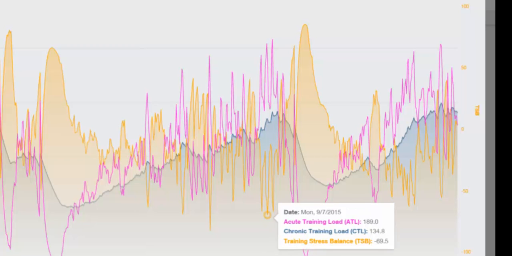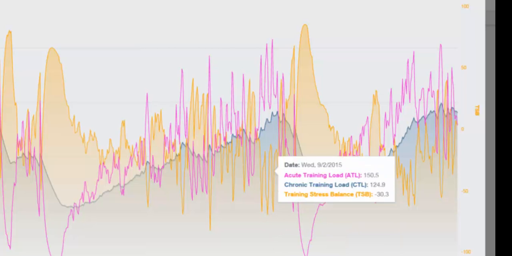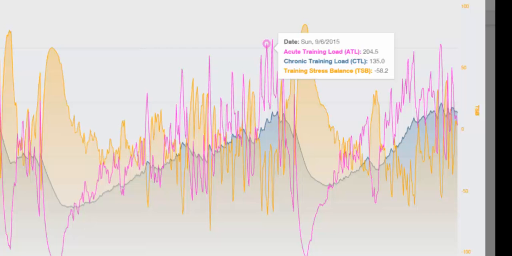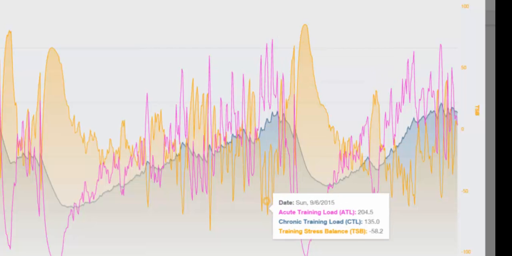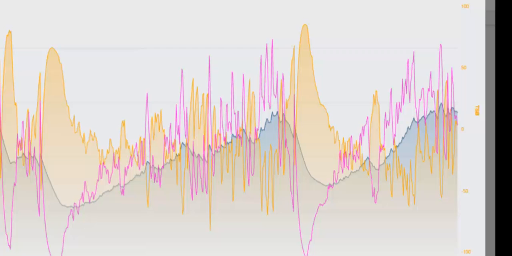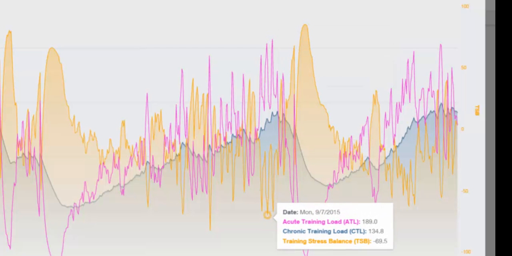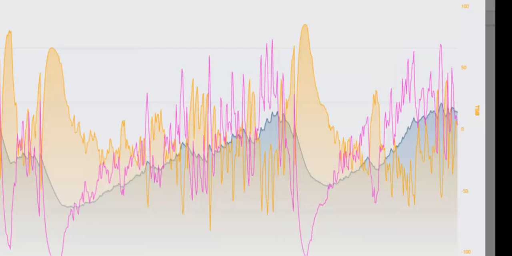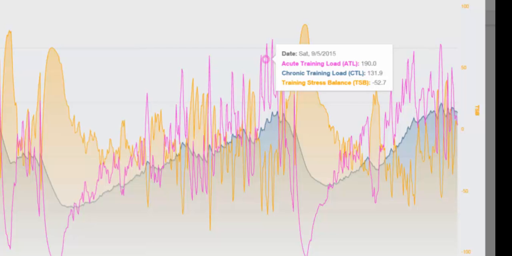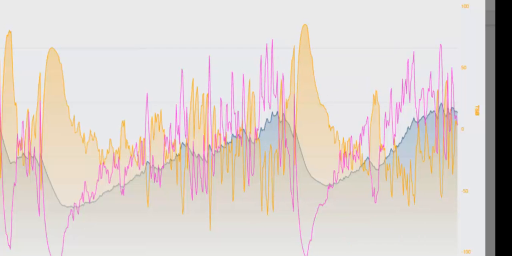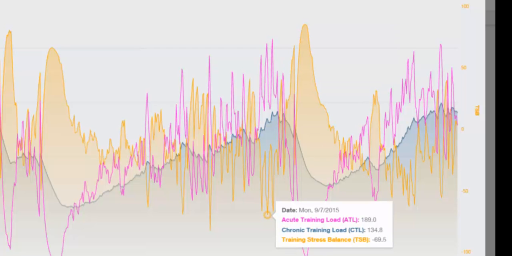When it's negative, as you can see right here, minus 69.5 points, it means that in the short term, you're not going to be very good at performing, because you're proportionally more fatigued. You can see here 204 points, and roughly 190 points here. So it works in opposition: the higher the pink line, the lower the yellow line, and vice versa.